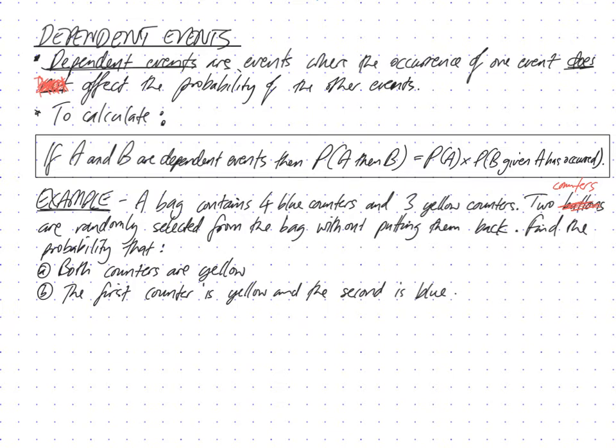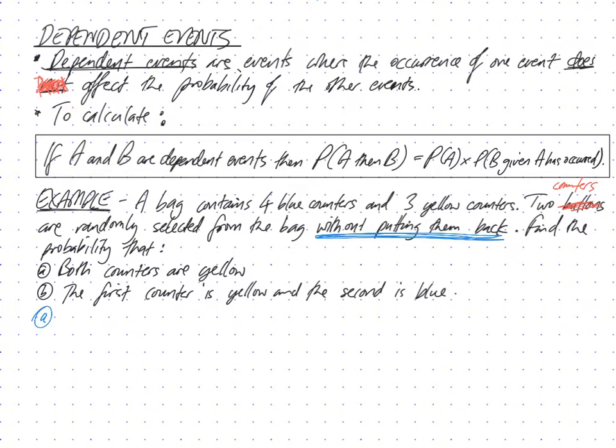I know that this is dependent because I am not putting them back. That changes the number of counters in the bag, and therefore changes the sample space on the second pick, and therefore changes the probabilities. So that's what makes these dependent events.